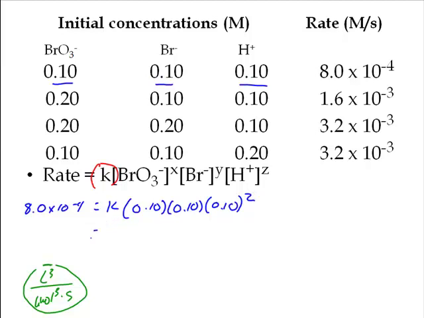So when we work that out, I'm going to multiply those together, divide them under here, right? And I'm going to get a K value of 8.0. And then I would want to write the unit there just because. Liters cubed over moles cubed dot seconds. There we go.